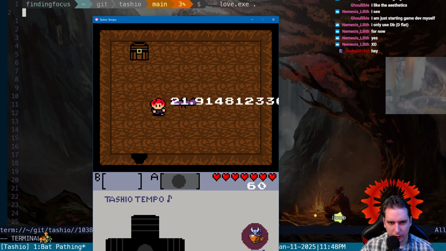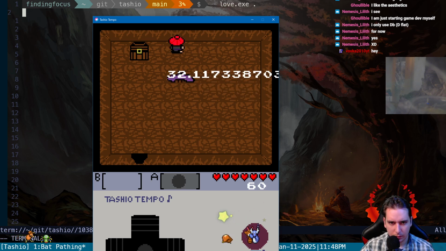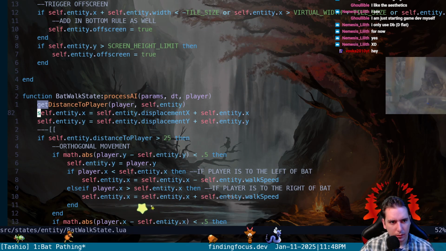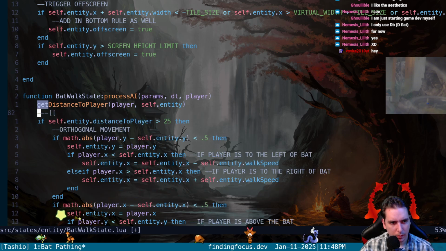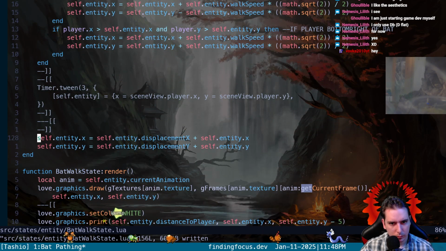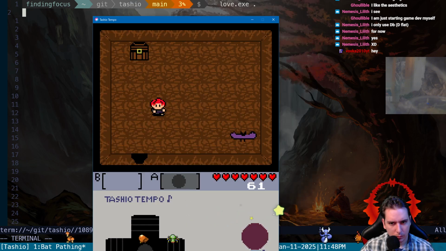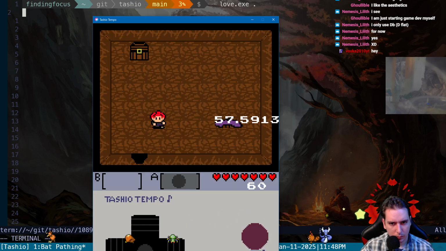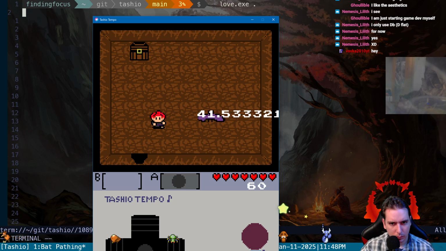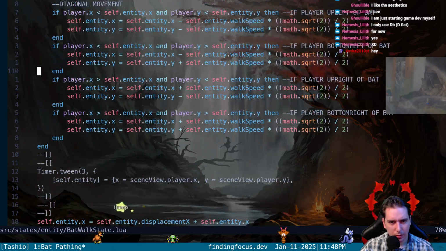Yeah, he's not wiggling. And then that's jacked up again. He wiggles. No, he doesn't wiggle. What the heck? Okay, he's wiggling here. So what's the issue here?